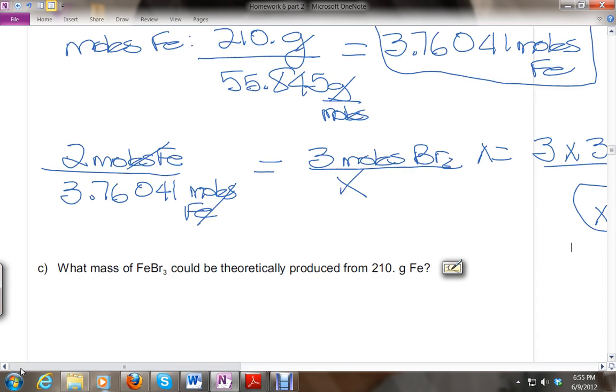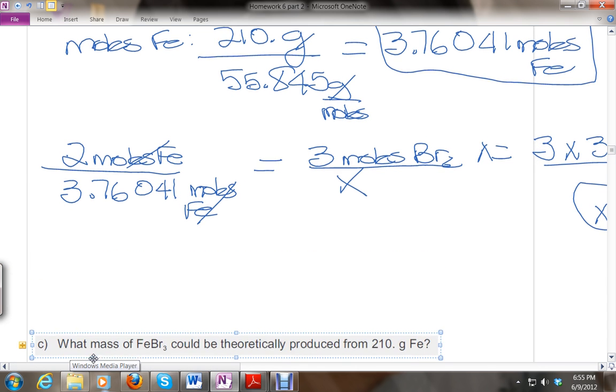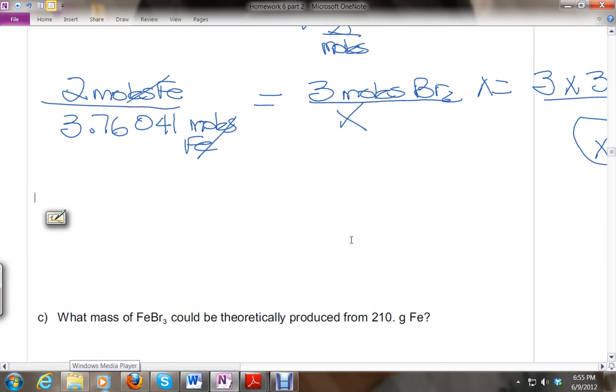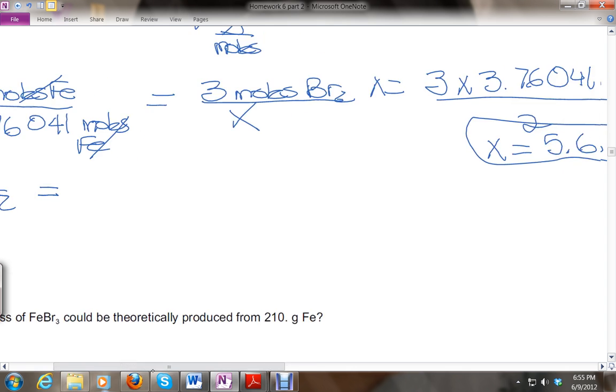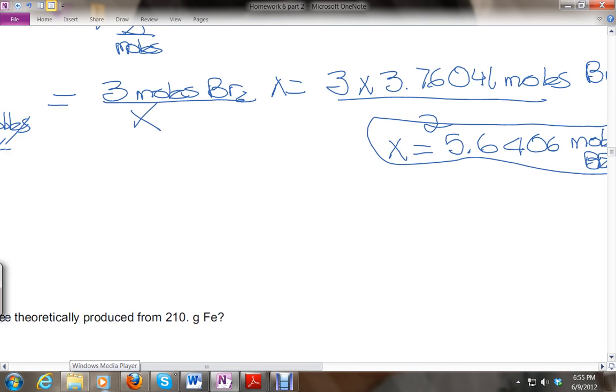Hold on. Okay. So it gave us the moles, and the grams of Br2 are going to be equal to the moles, which was 5.6406.